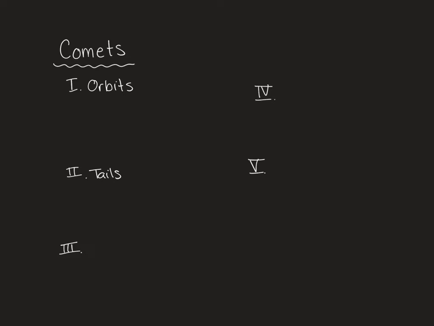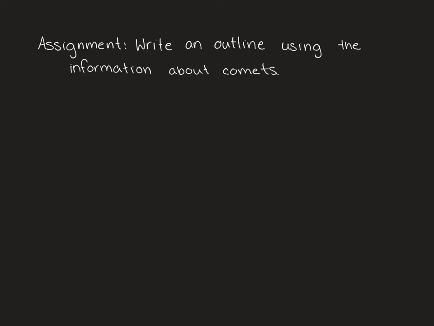And so then you could put in those different details about orbits that they've listed or about tails. And you might find that you have some subtopics. So remember, if you can group those details even further within that one category, you can put an A and a B there.